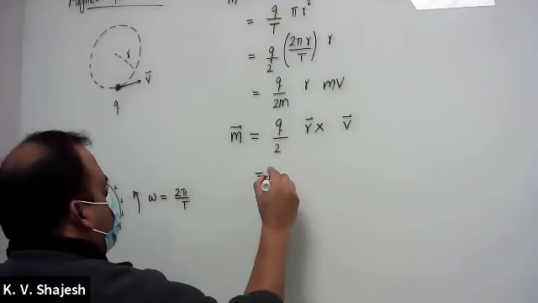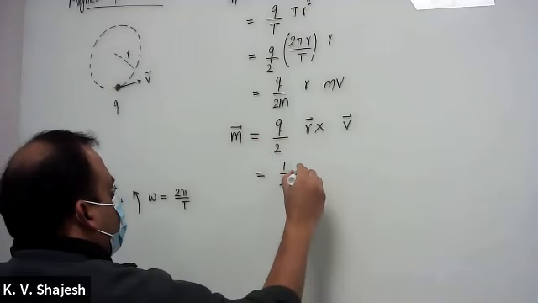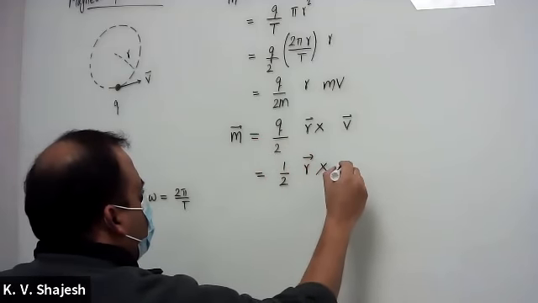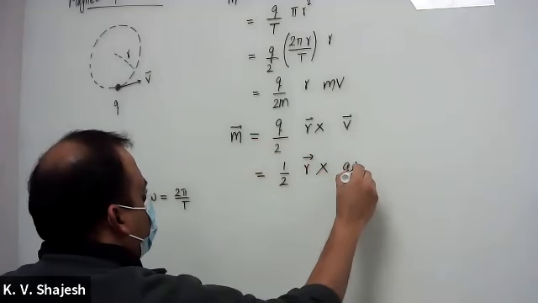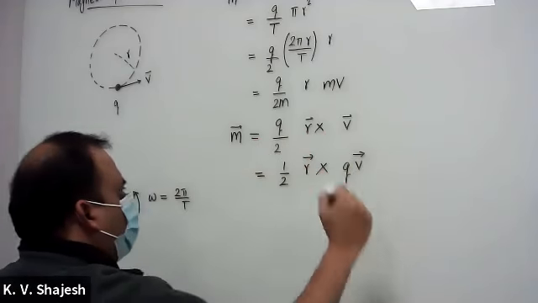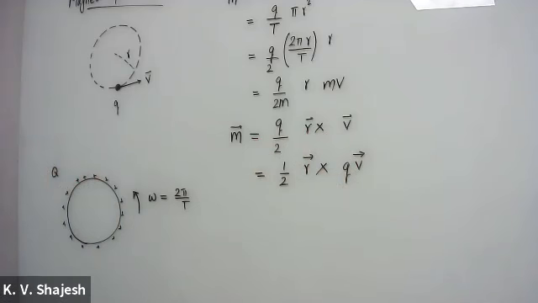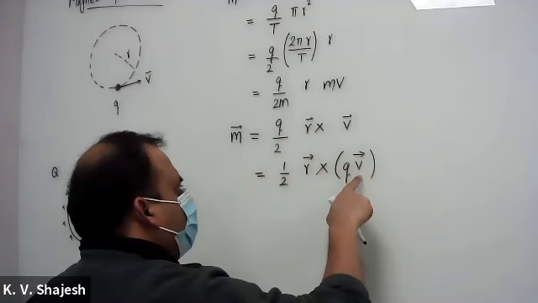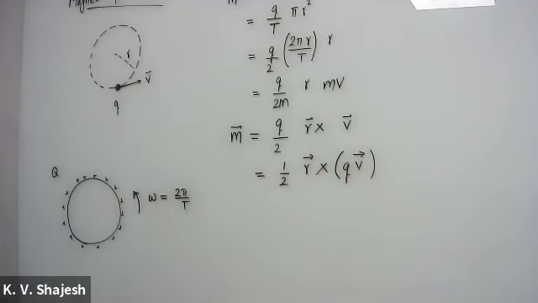And let me write this as half times r crossed with q times v. That has this feature that q times v is nothing but the current associated with a point charge.